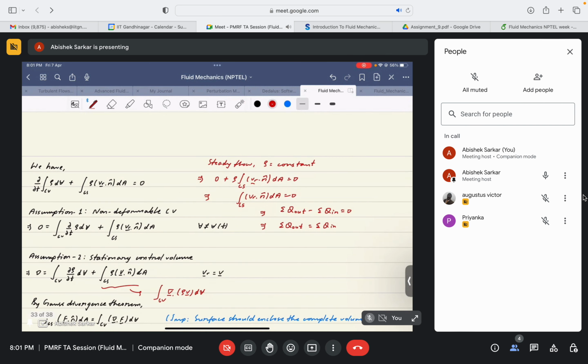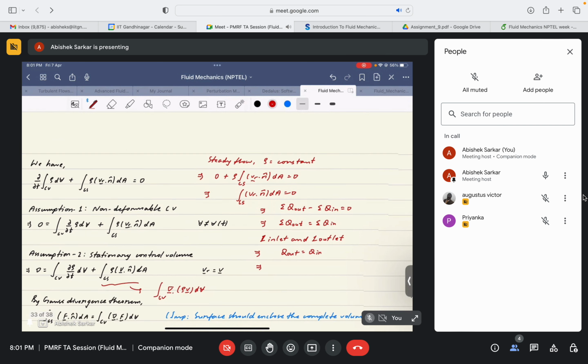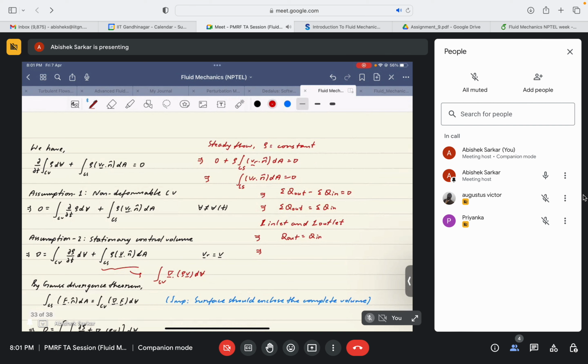So if there's only one inlet and one outlet, it will give us Q out equal to Q in. We can write this with respect to two points, like 1 and 2, then you can write A1 V1 equal to A2 V2, which is essentially what Augustus has mentioned as the continuity equation.